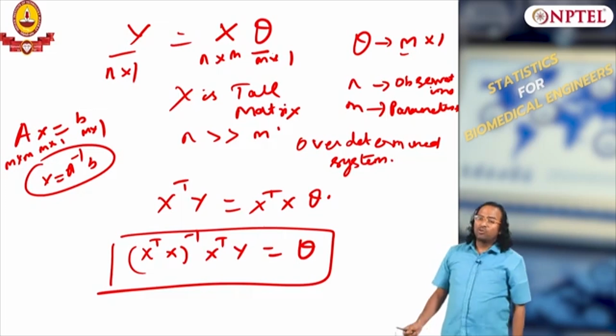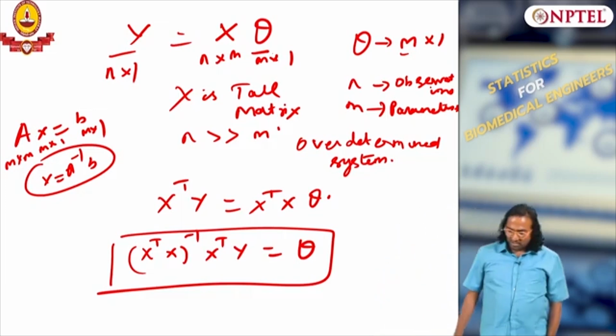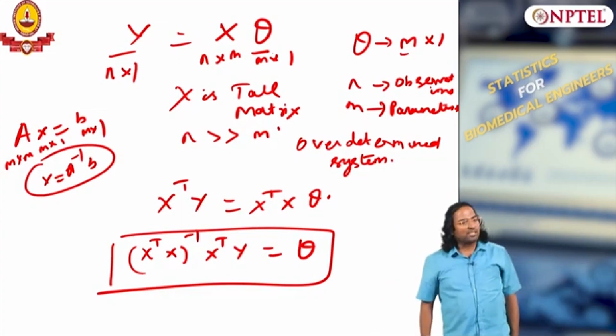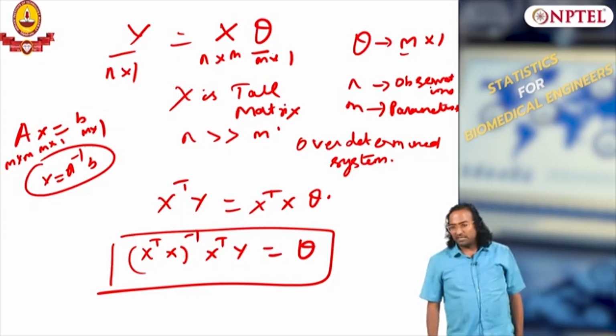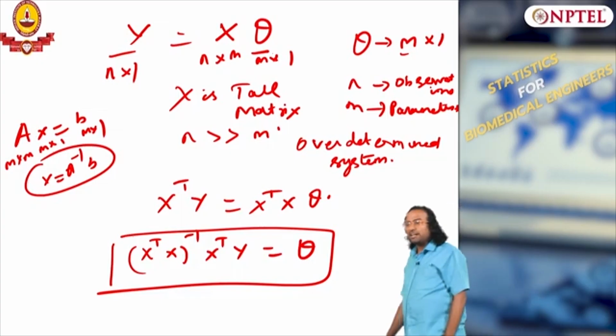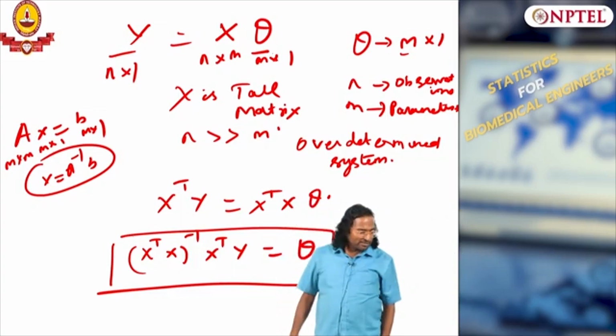I pre-multiply both sides by the transpose, then X transpose X is a square matrix. A transpose A is always a square matrix, you should know from basic linear algebra. What is the size of this matrix?